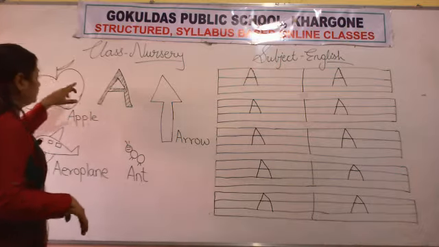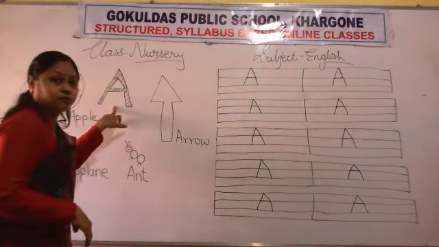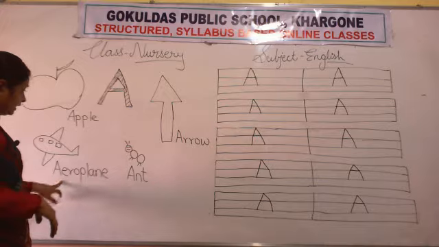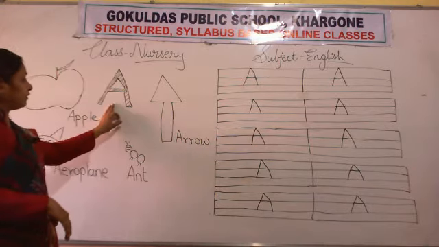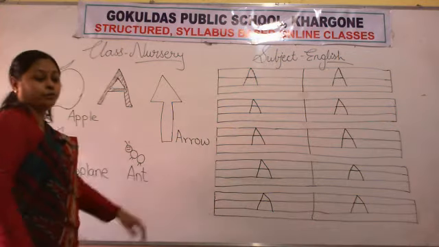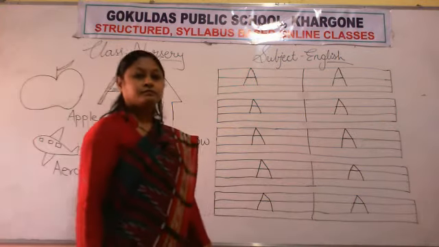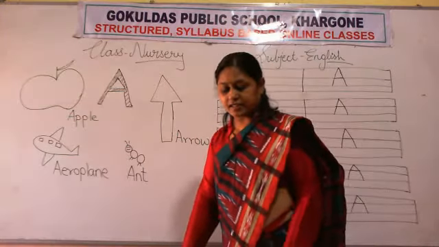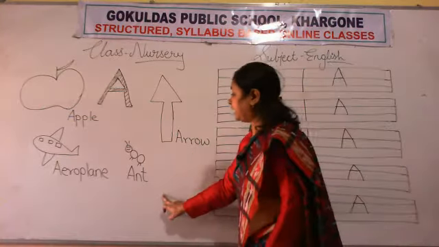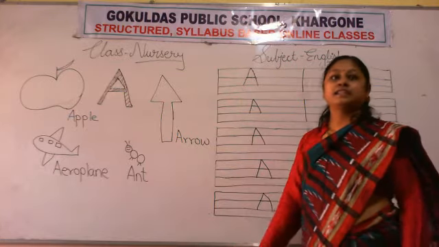A for apple. A for aeroplane. A for ant. A for arrow. A for alligator. Okay. Which letter is this? Letter A.